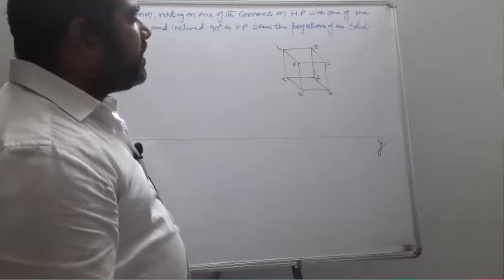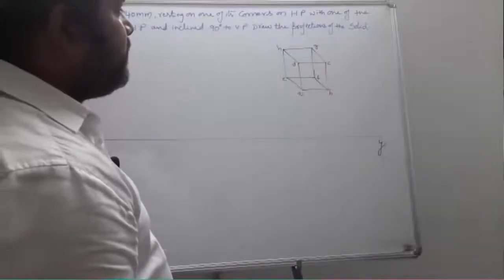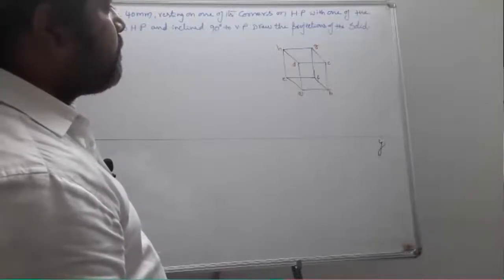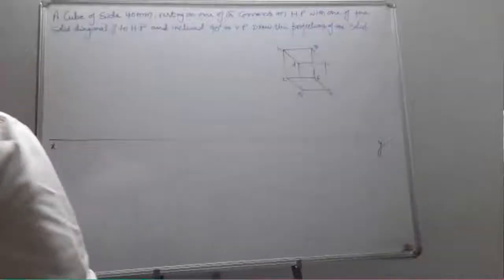HB is going to be one of the solid diagonals. GA is going to be considered one of the solid diagonals.